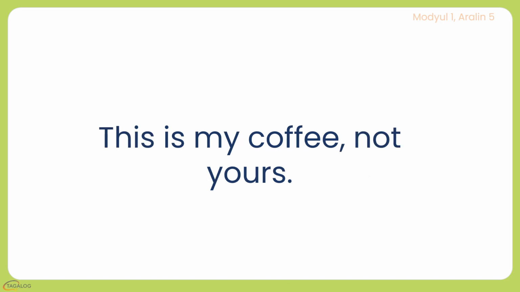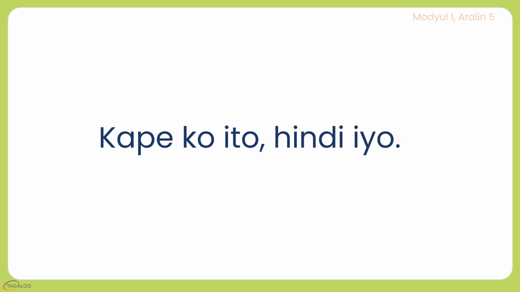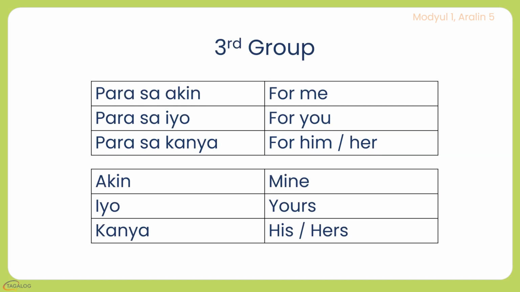To say, this is my coffee, not yours, we say, kape ko ito, hindi iyo. Before we continue, let's review the third group of pronouns. Para sa akin, for me.